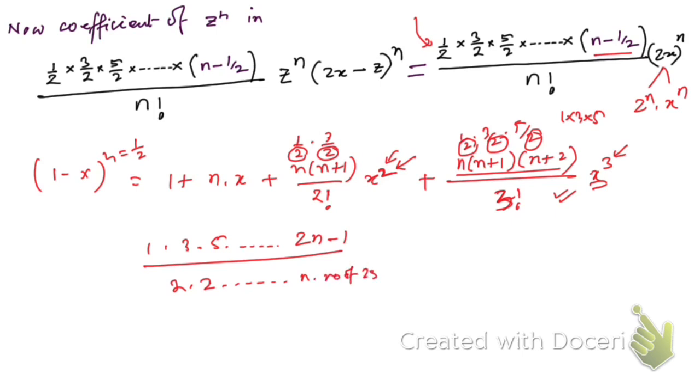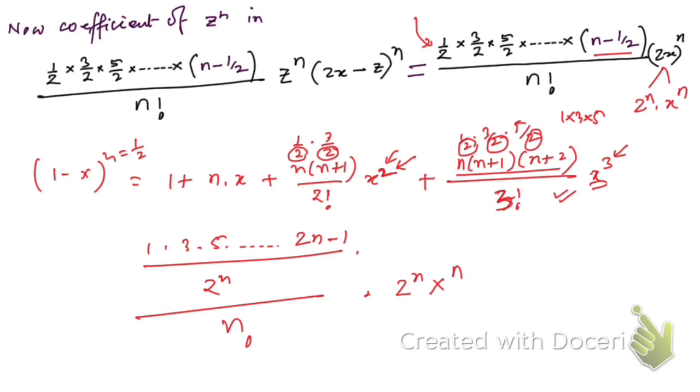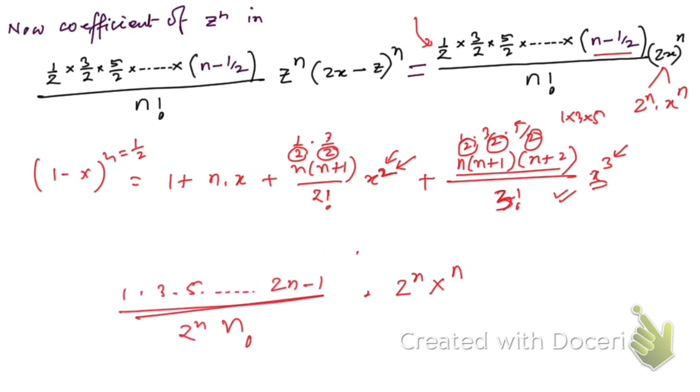Okay, that means you can write 2 to the power n, divided by factorial n here, then we have into 2 to the power n x to the power n, if you expand this part, right? So here you can write this one in this form, this way, right? And this 2 to the power n and 2 to the power n are gonna cancel each other. So that's why we end up getting this.